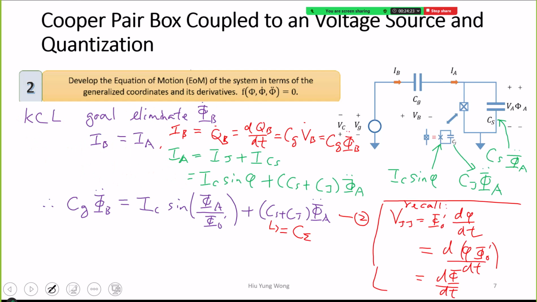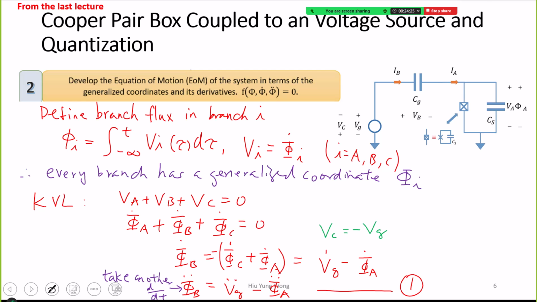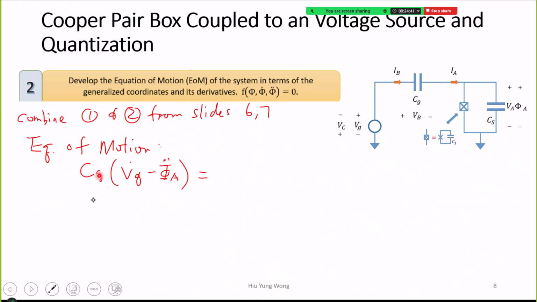So why is that? Show you again. We had equation flux B dot dot equal to Vg dot dot minus flux A dot dot, right? So I multiply Cg to here, flux B dot dot, and this will be Cg times Vg dot dot minus flux A dot dot, right? Here I missed a dot, should be Vg dot dot minus flux A dot dot.